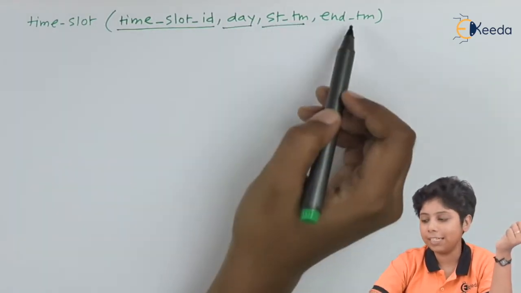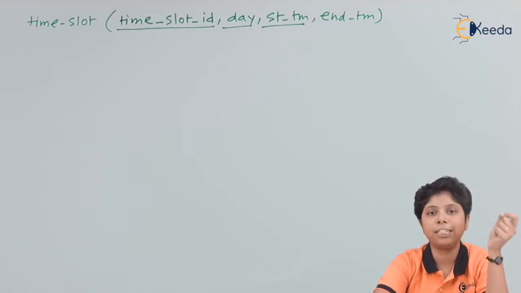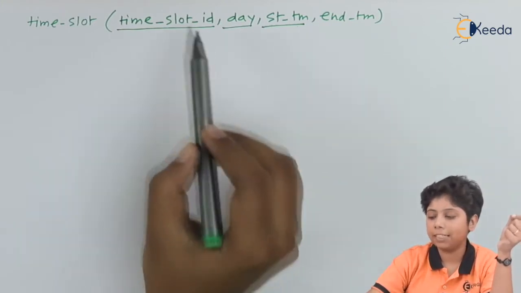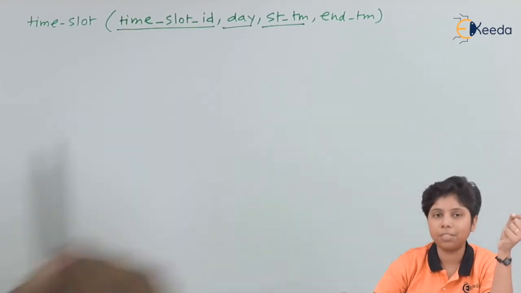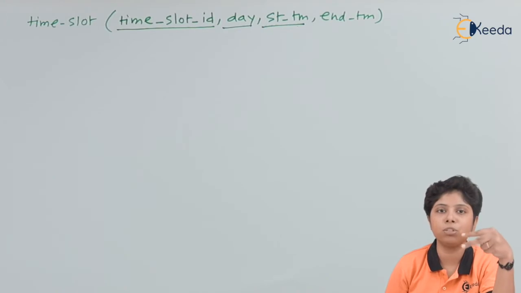But see that end time is also multi-valued, but we cannot include it in the primary key because it cannot uniquely identify. What I was describing is that on the same day at the same start time two classes have started, that means they have two distinct pieces of information with a multi-valued end time in that particular building.